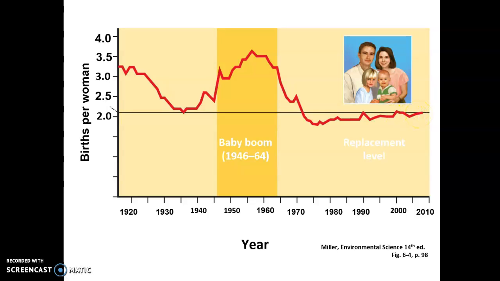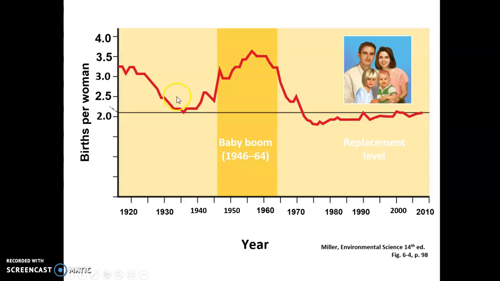So many historical factors occurred during this time period. The 1920s was known as the Roaring Twenties. People were very optimistic about the economy and life and so forth, and were having more children.